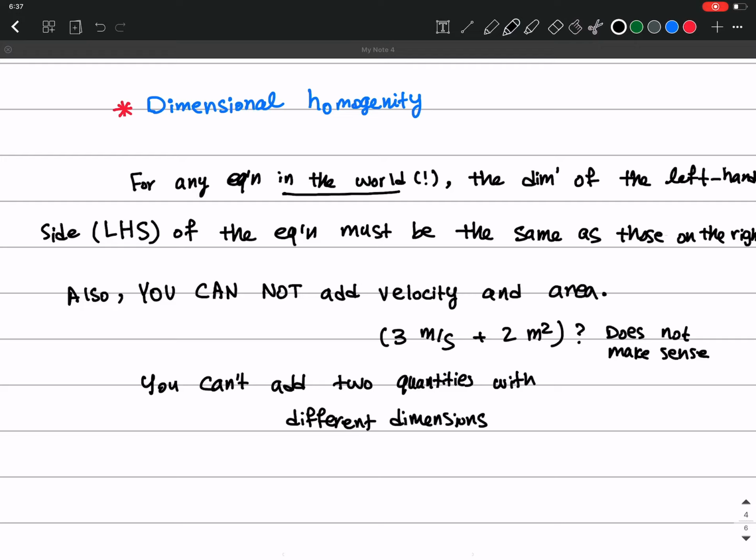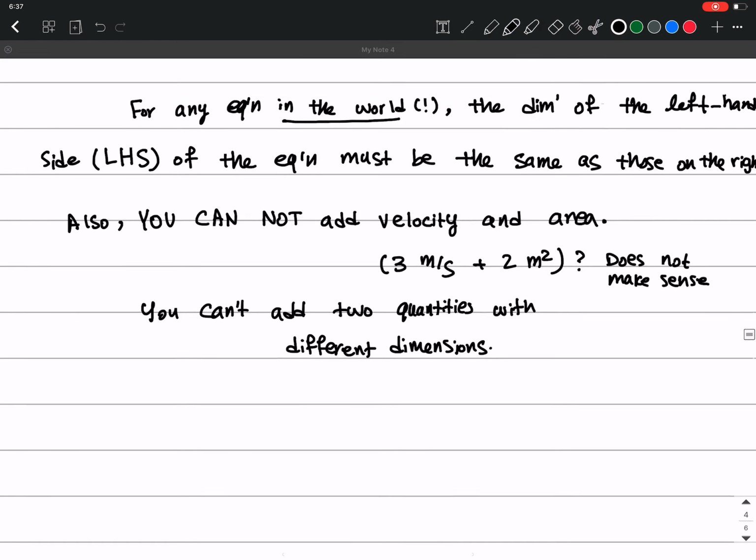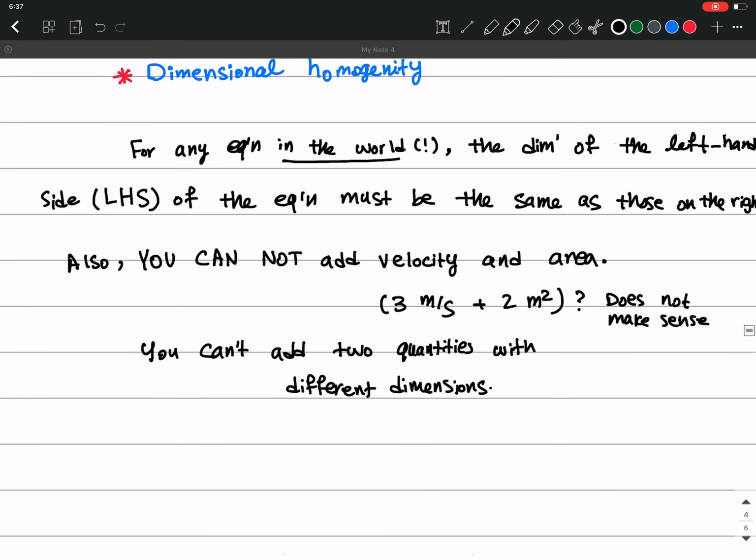Okay, so this is a general statement that you need to know. And now I want to have an example of this to investigate this dimensional homogeneity in an equation. Okay, so let's write an example.